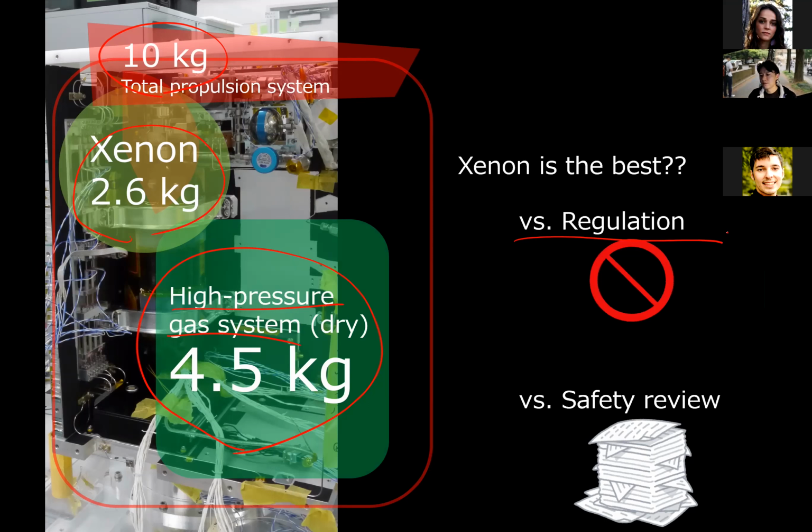And for the launch, we have to pass a lot of safety reviews, and high pressure usage makes it more difficult. Of course this is very important, but if it can be avoided, I want to avoid it.